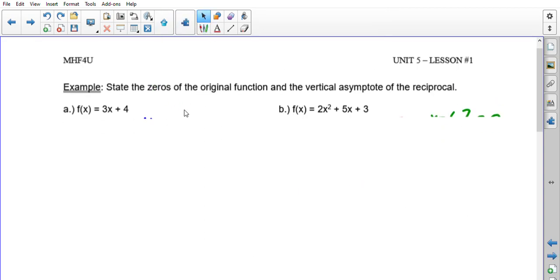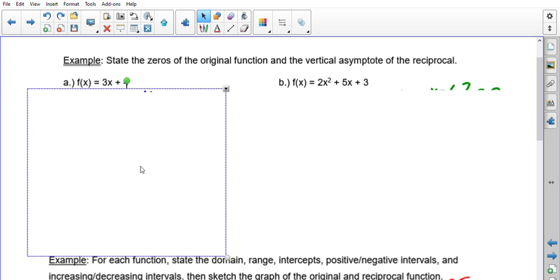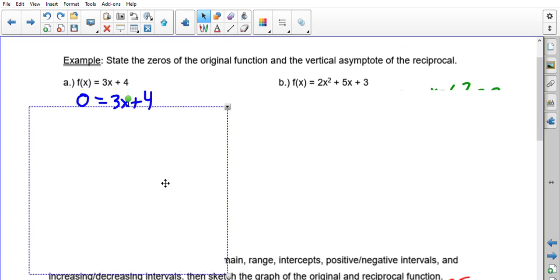Before we start graphing that, let's make sure we understand all the key pieces of information. It says state the zeros of the original function and the vertical asymptote of its reciprocal. So these are both the originals. For this original, to find the zeros, we set y equal to 0 and solve for x.